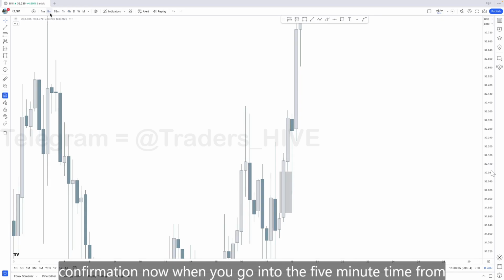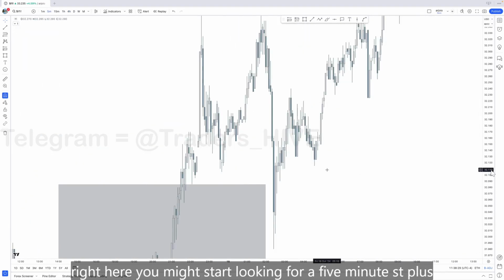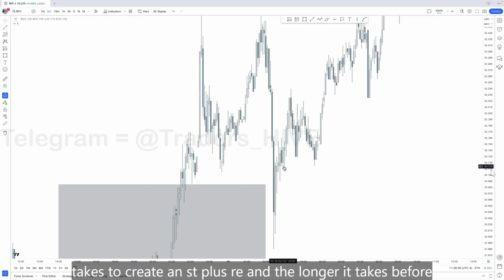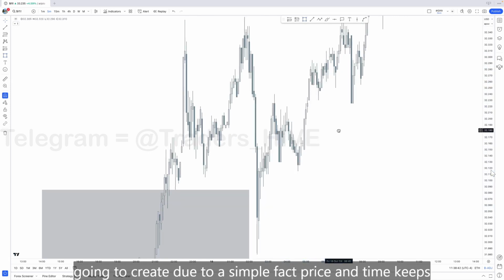Now, when you go into the 5 minute time frame right here, you might start looking for a 5 minute ST plus re overall, which is perfect, of course. But the longer it takes to create an ST plus re and the longer it takes before price continues higher, the more fair value gaps it is also going to create. Due to a simple fact, price and time keeps ticking.